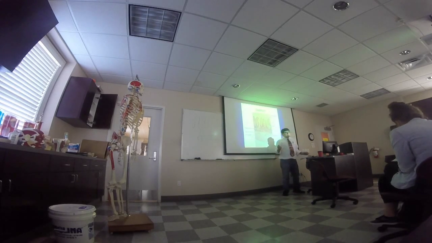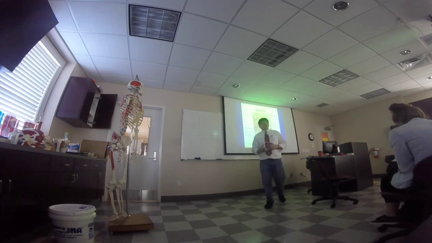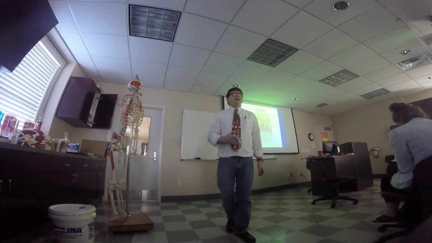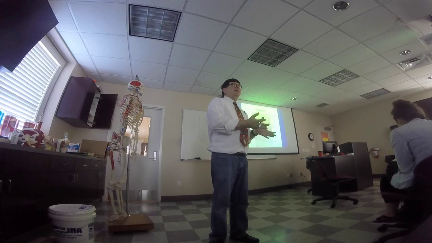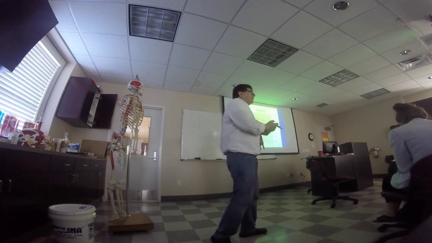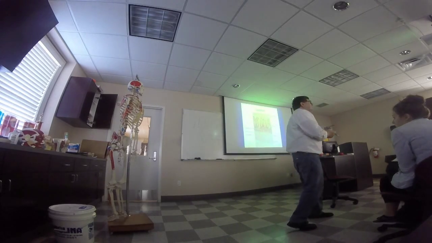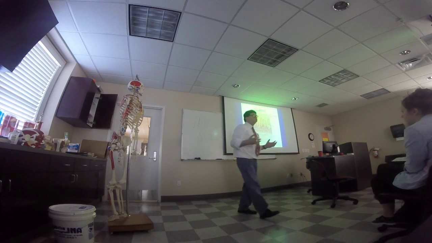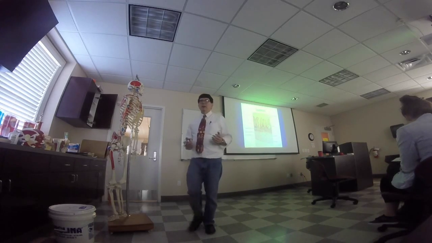And these crypts of Lieberkühn produce an alkaline mucus that helps to neutralize the acidic pH of the chyme. Remember, the chyme is coming from the stomach, where the environment is more acidic than anywhere else in the body. The gastric juice has a pH of around 1 to 2.